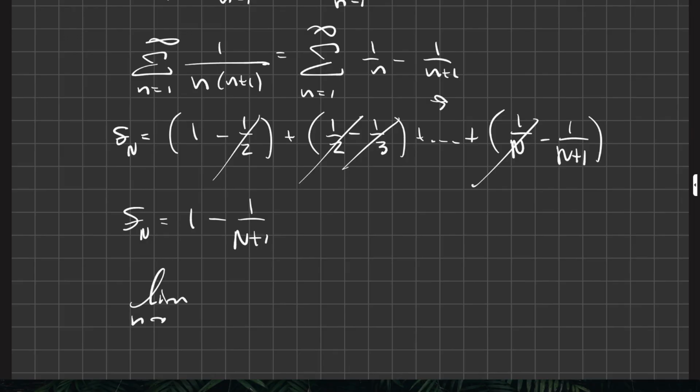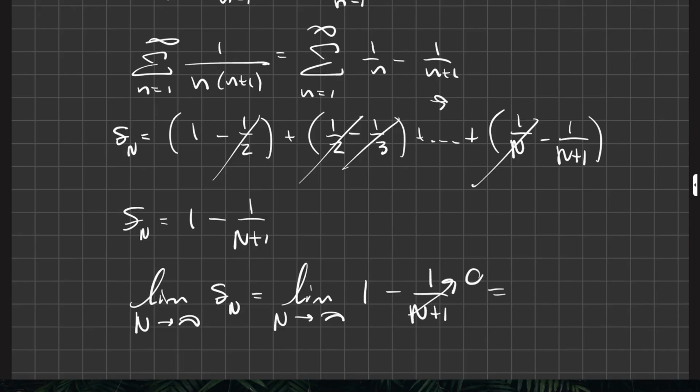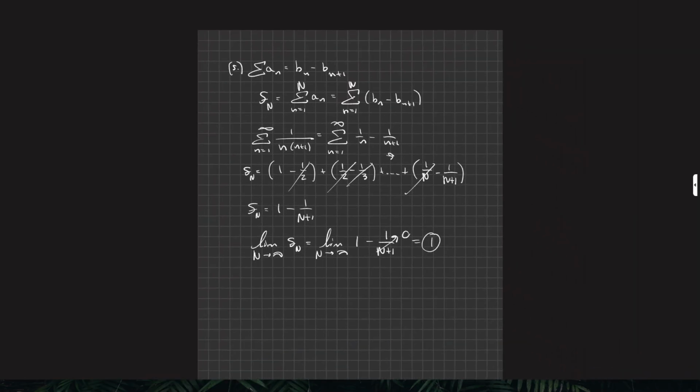So the limit as capital N goes to infinity of S sub N equals the limit of 1 minus 1 over N plus 1. This goes to 0, so it's just 1. Okay. So that's a telescoping series. I think there's more examples later too that we'll go over.